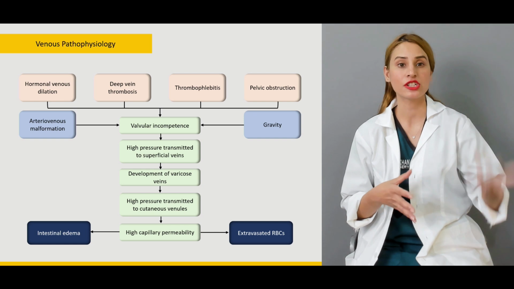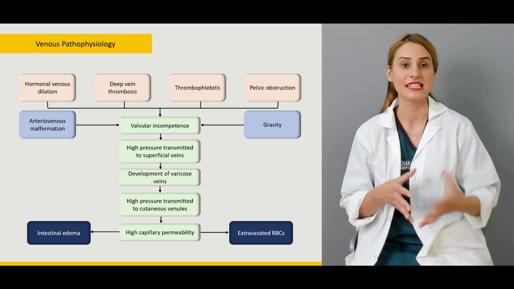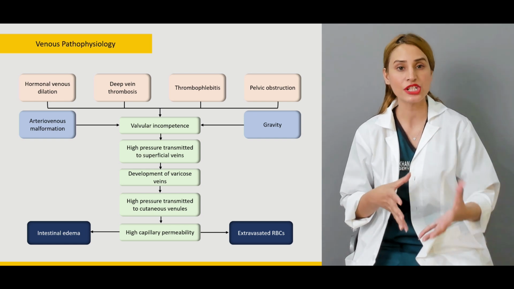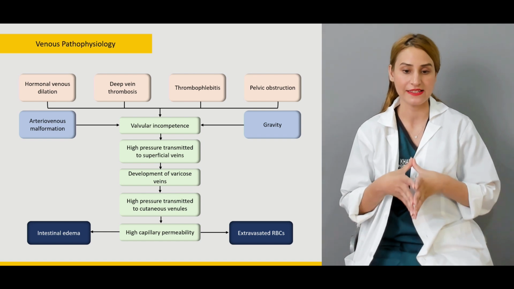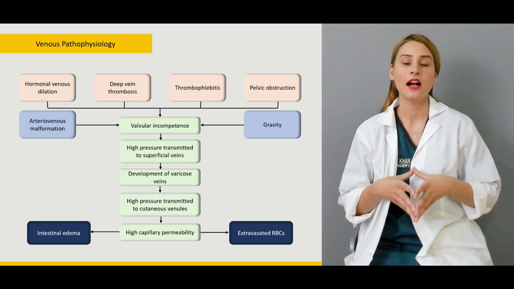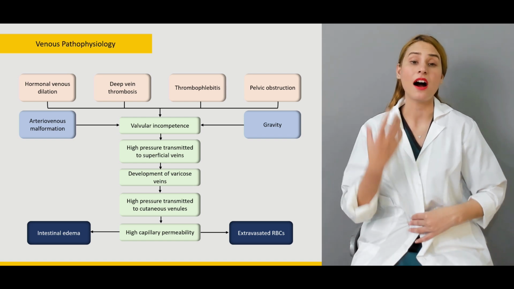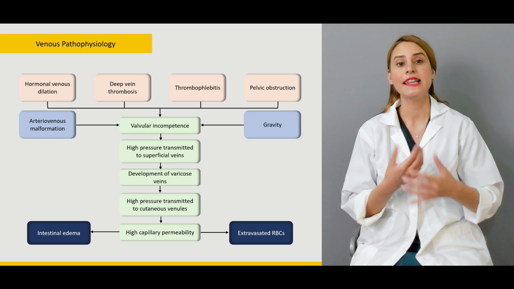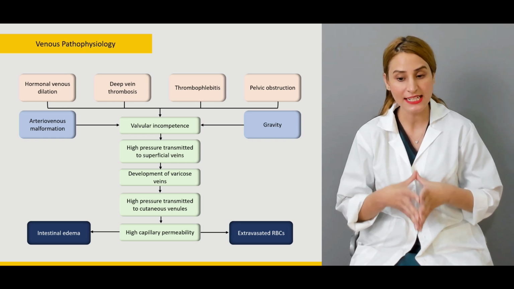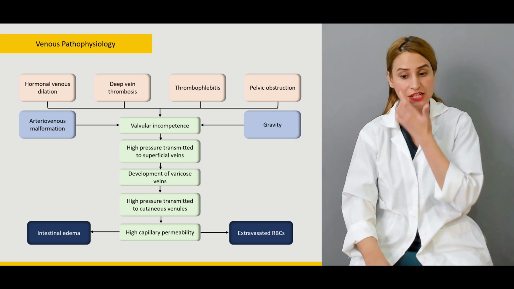This high pressure in the superficial veins will cause dilated and tortuous veins on the superficial skin surface, and then the high pressure will be transmitted to the cutaneous venules. There would be high capillary permeability that will lead to interstitial edema.